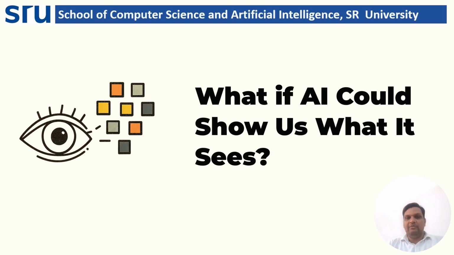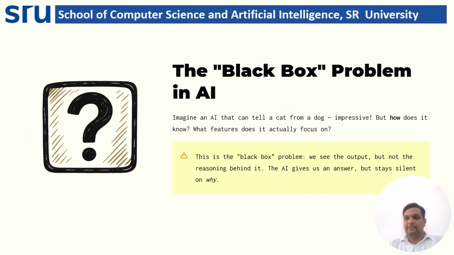What if AI could show us what it sees? The black box problem in AI. Imagine AI can tell a cat from a dog. Impressive. But how does it know?